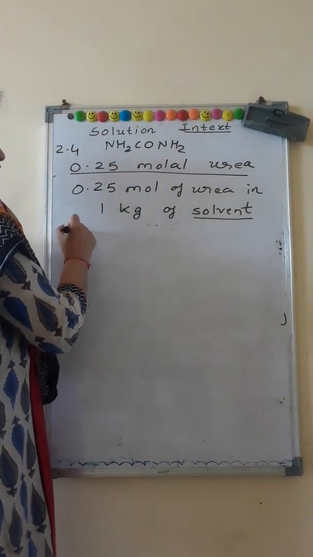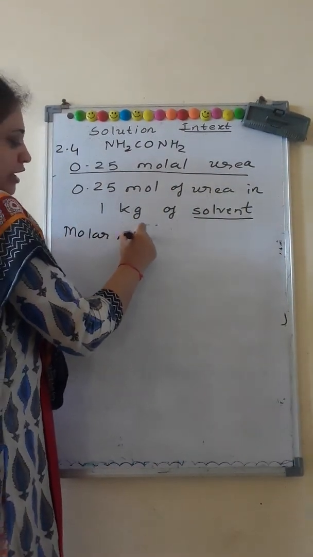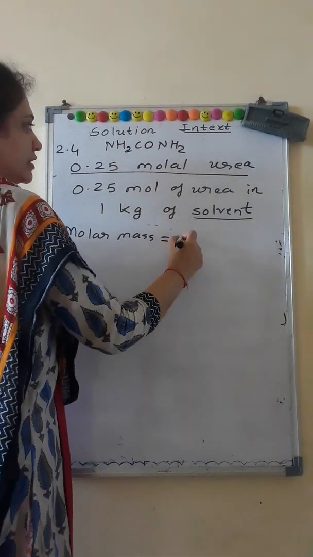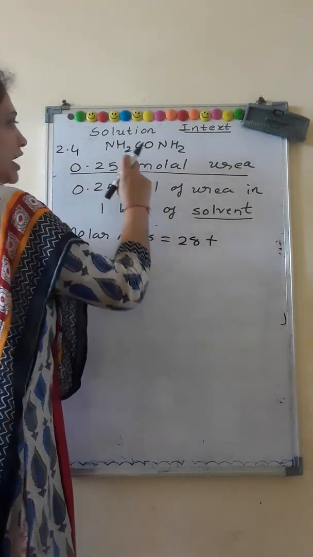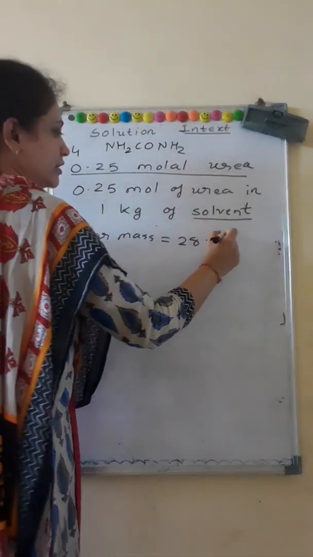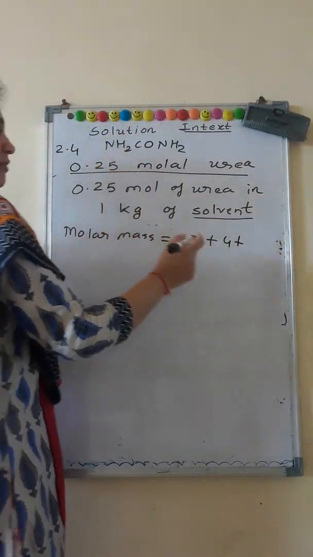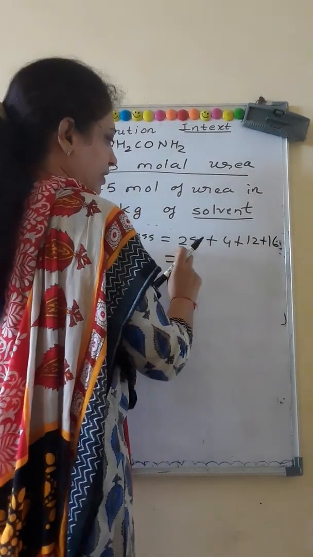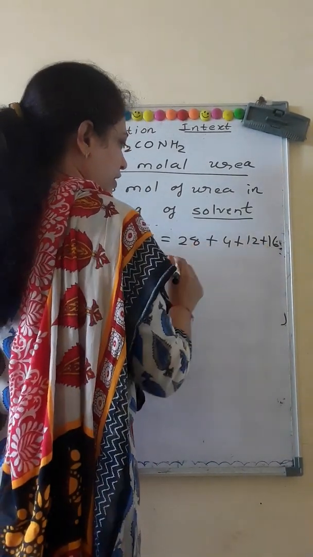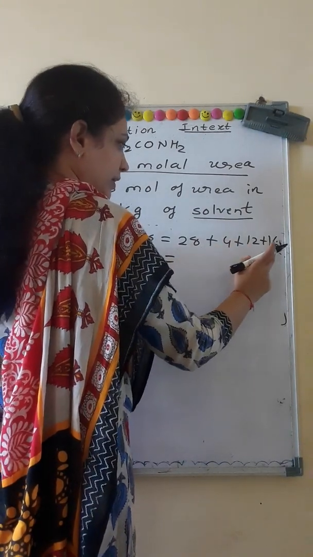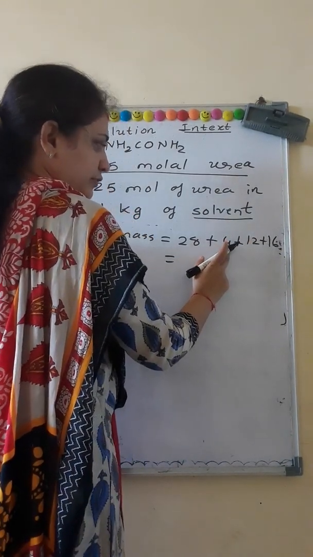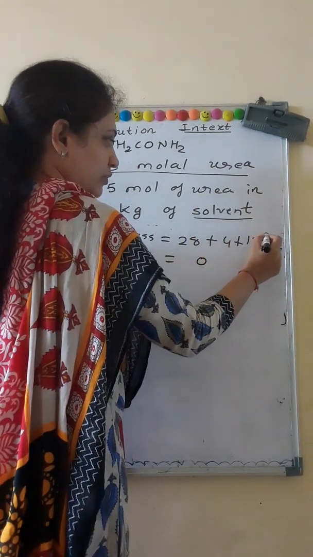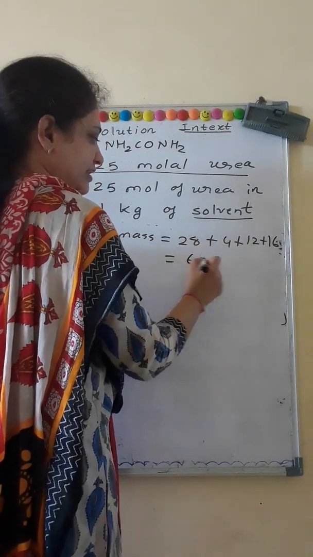So molar mass of urea, that is 1 mole of urea, we have to add 2 nitrogen, that is 28. We have to add 4 hydrogen. We have to add 1 carbon and 1 oxygen. So when you add all of them, the answer comes out to be 60 gram.